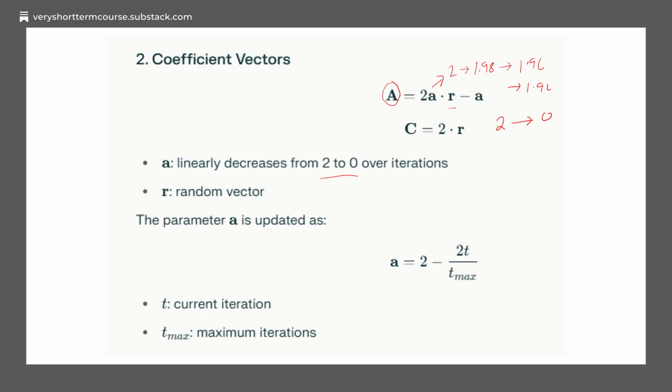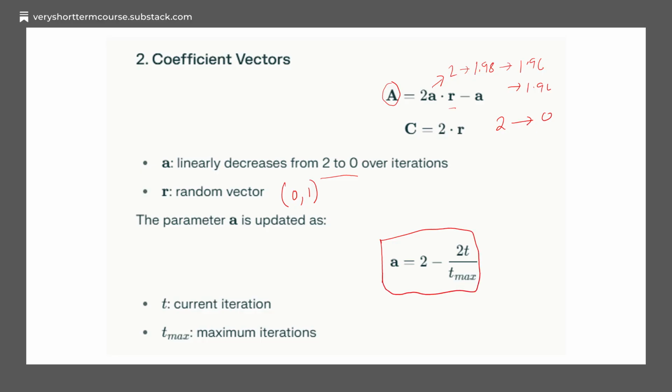And what is r? r is the random vector. That means it randomly generates any value within 0 to 1. As I have said just now, based on the number of iterations you will reduce the value of a from 2 to 0, and here is the formula for that.